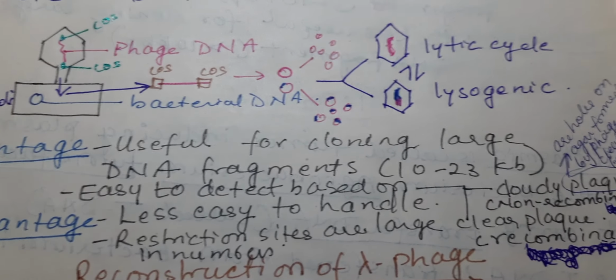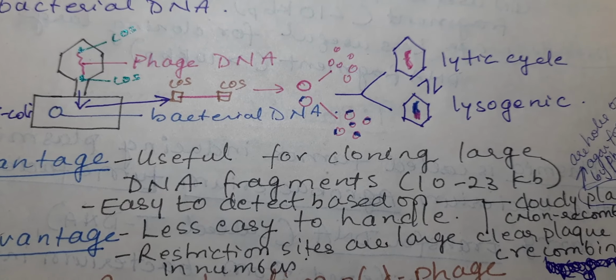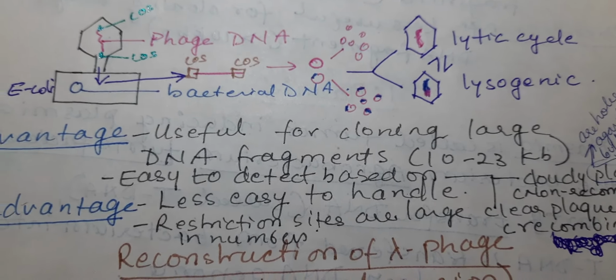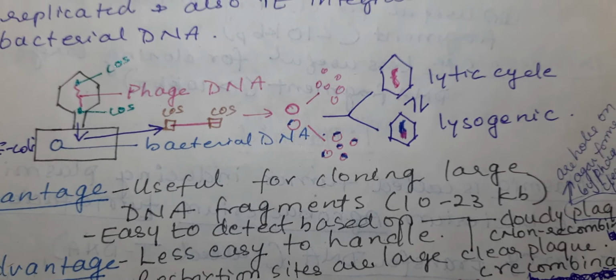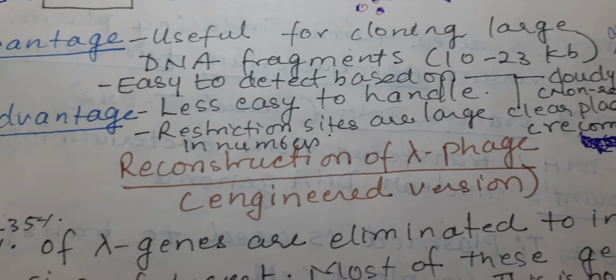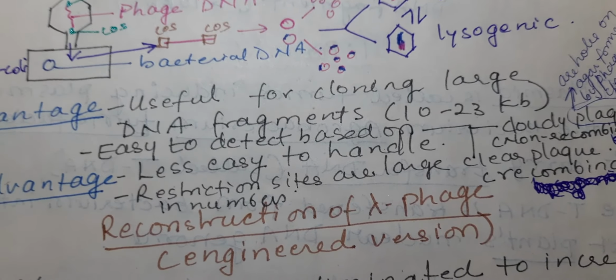Restriction sites are large in number. So if you are using any restriction enzyme, it is going to fragment the phage DNA into so many pieces. So an engineered version of phage is nowadays used.